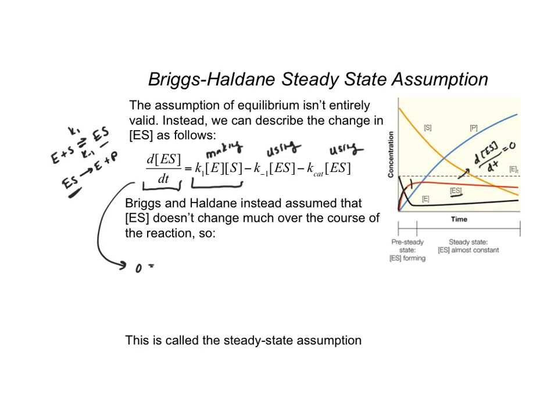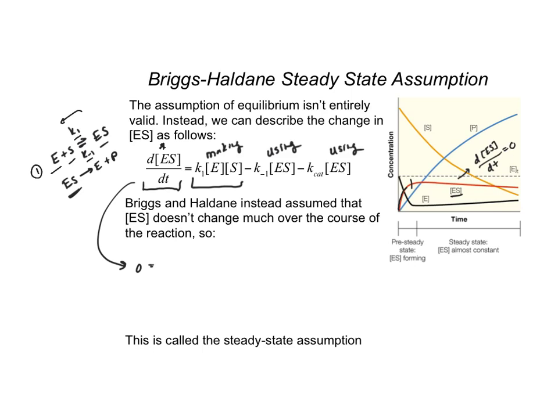So we can go ahead and plug that in. And again, the concentration of ES is being affected by a couple of different factors. So in our first step of our Michaelis-Menten mechanism, we are making it. That is governed by this K1 rate law, as well as concentration of E and S. And then we are using it in the reverse, which is governed by this K inverse 1, or K minus 1, rate law, concentration of ES.